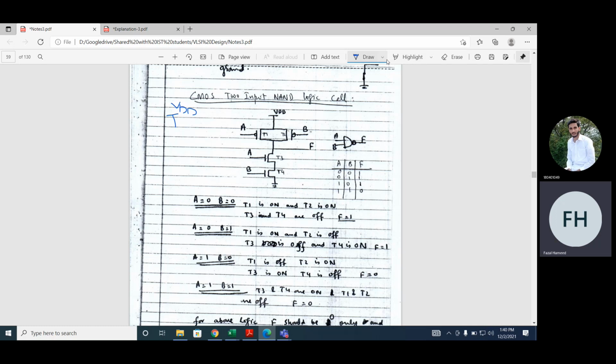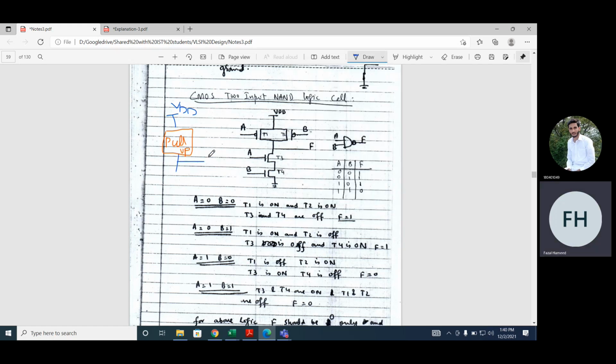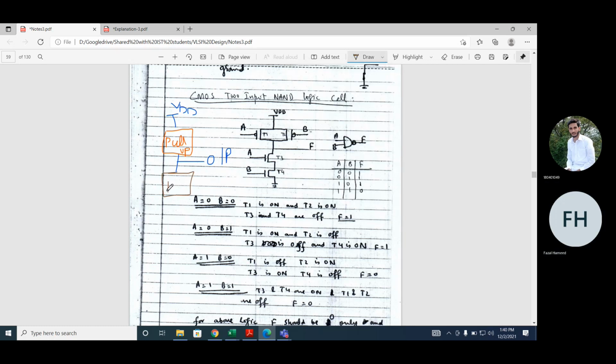After VDD, you have a pull-up network, which is comprised of PMOS. After this, it is your output. After that, you have a pull-down network, and after it, you have ground.